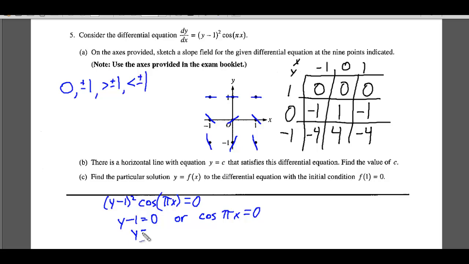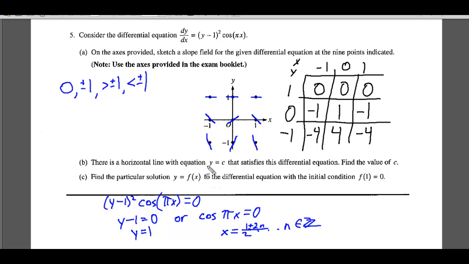So when y equals 1, or when x equals 1/2 plus n, where n is an integer. The Z means integer, where n is an element of the integers, because then we have 1 over 2, or -1 over 2, or 3 over 2. It's always an odd number over 2, so that's going to work.